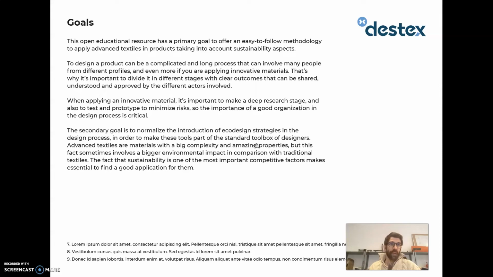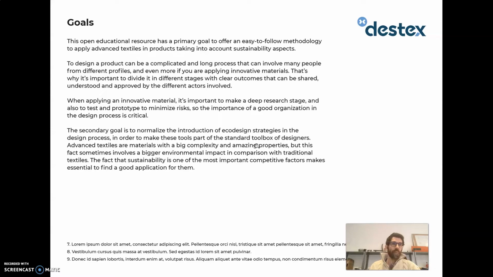As we were saying before, designing a product can be a complicated and long process that also involves a lot of people from really different profiles. When applying innovative materials like advanced textiles, this complexity is even bigger because we sometimes need people from technical or scientific backgrounds to be part of the project.